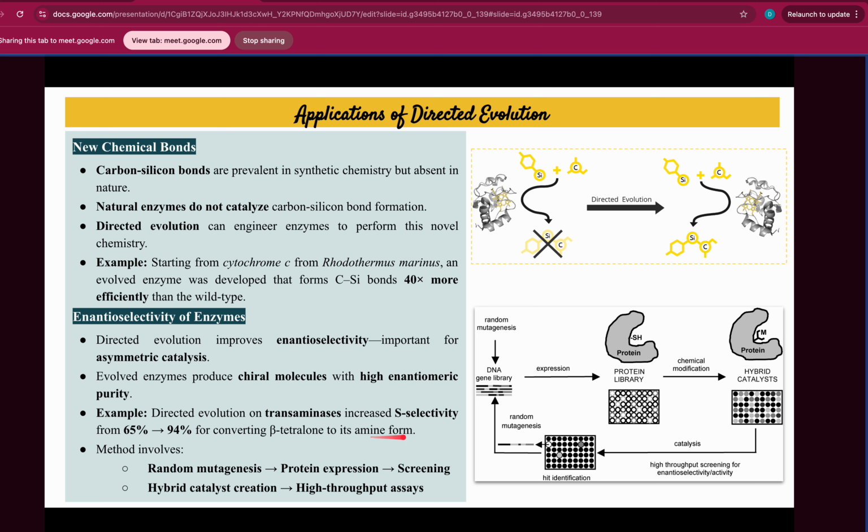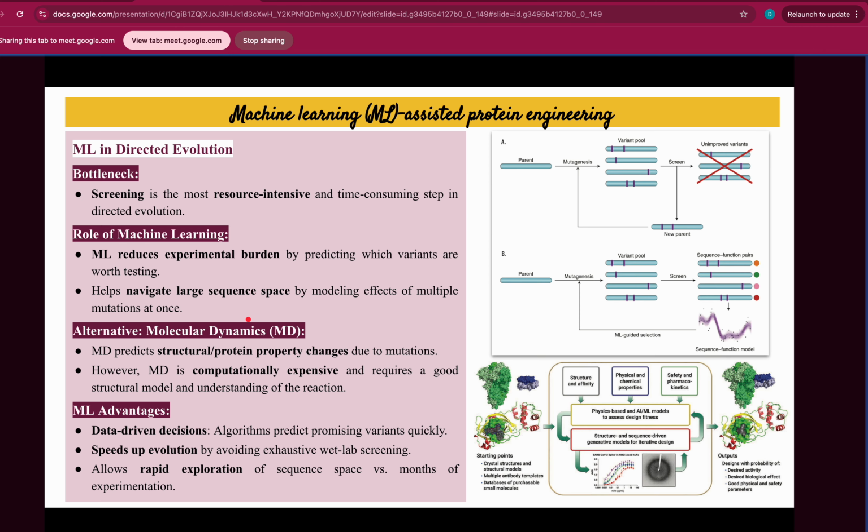So in this way, enantiomeric form selectivity can also be changed. Previously it was selecting another enantiomeric form, and now 65% is increased to 94%. So most of the time when this protein is in its S form, then it gets selected and it converts beta tetralone. So this is another application.